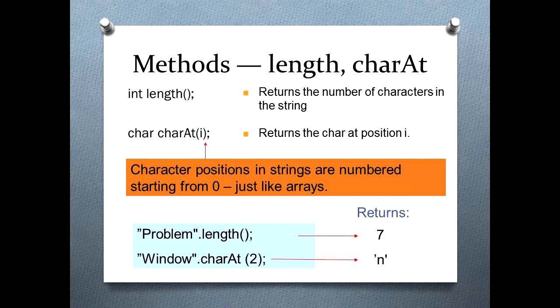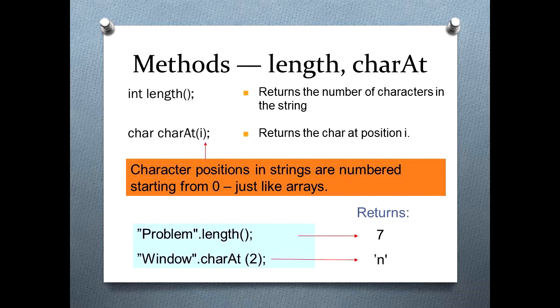Second example, second method is character at. So character at will find the position of that I. I is nothing but the number. Here the string which I have taken is window. So here char at 2. Char at 2 means the second position. What is the character placed there, we need to get the output.